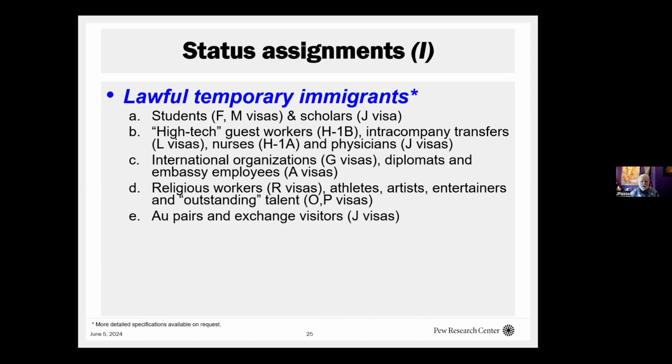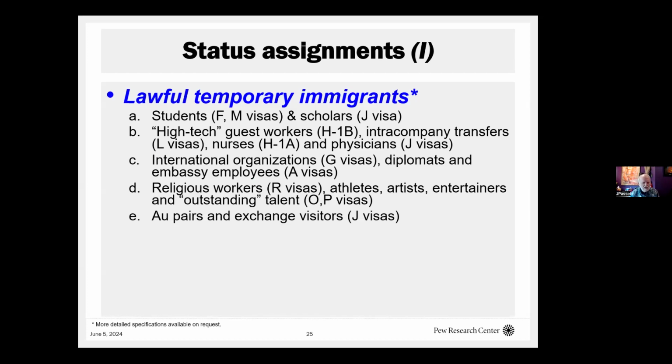So the first thing we do before we even make our estimates is assign people as lawful temporary immigrants. And here I list a bunch of the categories. The big ones are the students and the guest workers of various kinds. There are some smaller categories.